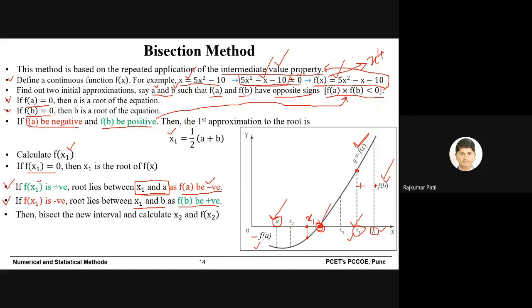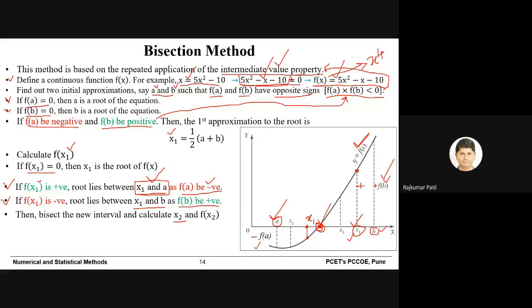Now again bisect the new interval. If the root lies between x1 and a, then you can find the new approximation, the second approximation, as x2, which is equal to 1/2 times (x1 plus a).